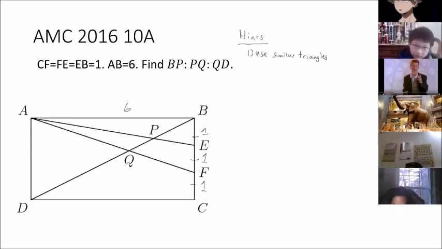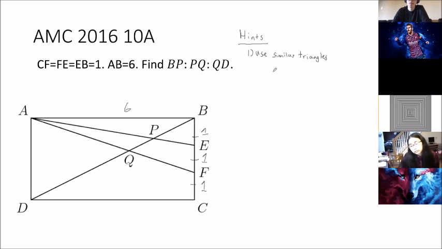Okay, so this problem may be a bit hard for you, so I'll be putting some hints also to speed this up. The first hint, kind of obvious: use similar triangles. But if you want a second useful hint, I can help you figure out what the similar triangles are. The hint I can give is, if you have two parallel lines and you draw two transversals crossing through, then these two angles are equal and these two angles are equal.